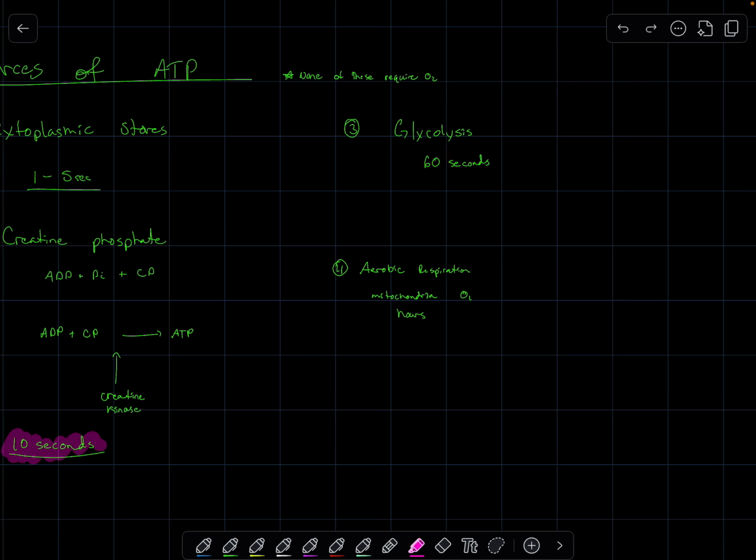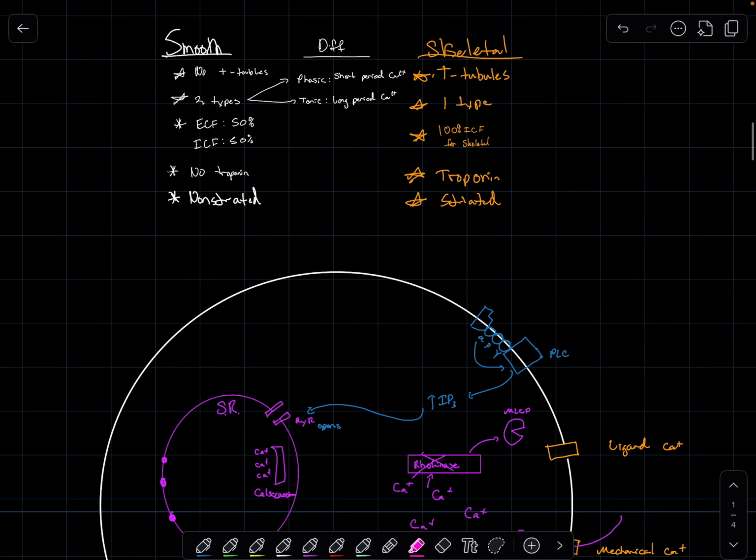Now, the best one is aerobic respiration, which uses O2, and this can last for hours. That's just our breathing, and we use that oxygen to break down sugars, which then allows us to create ATP, or I guess pump hydrogen across the electron transport chain, right? And then we have ATP synthase, which allows us to create ATP.